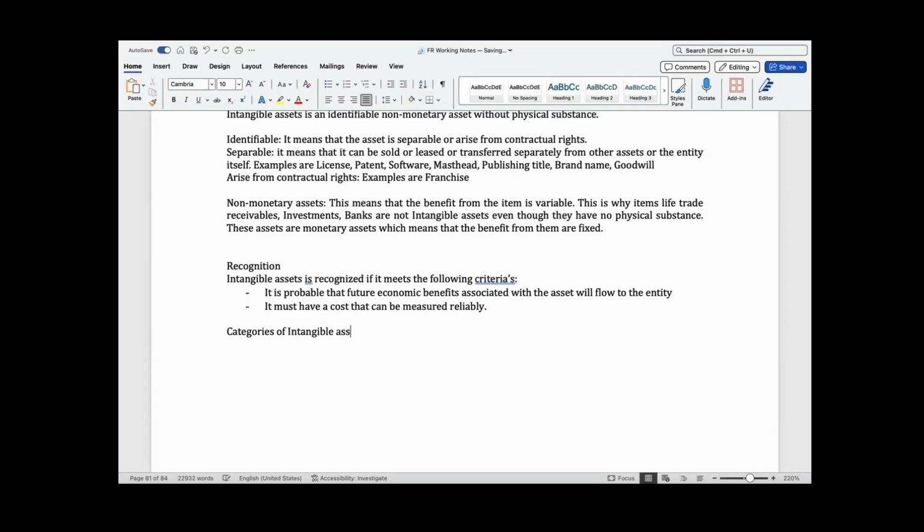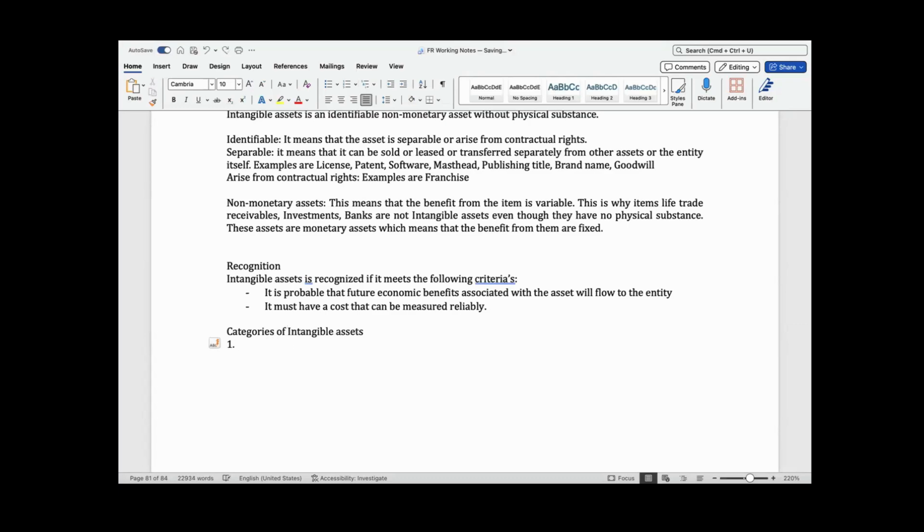Let me put it that way. They might not put it like that in the exams; they might ask them separately in their own right. But these categories really determine recognition of an intangible asset.